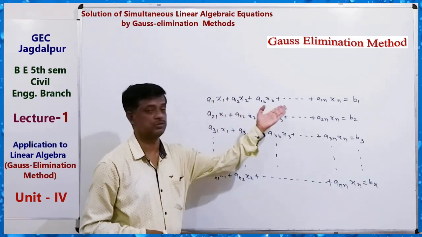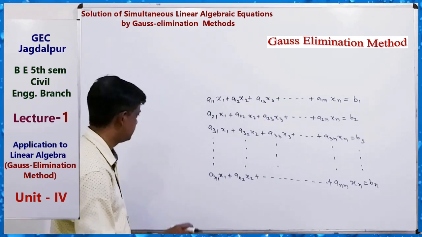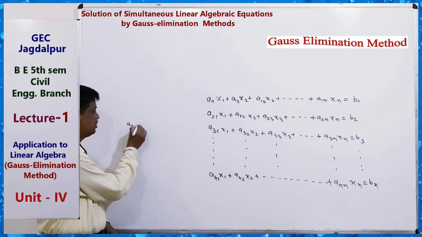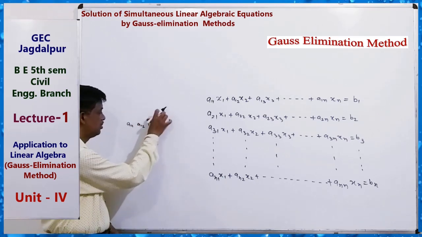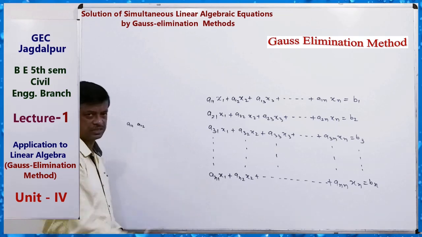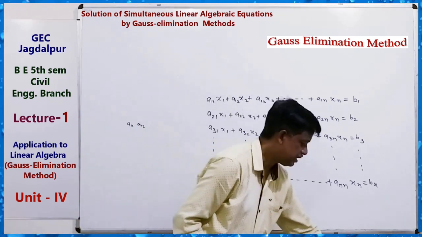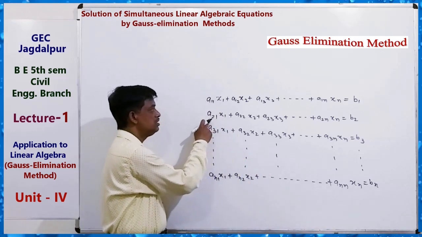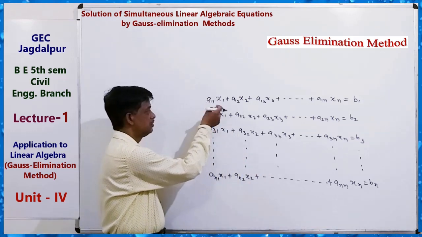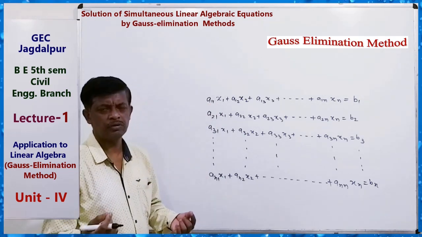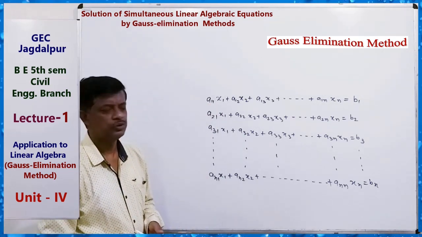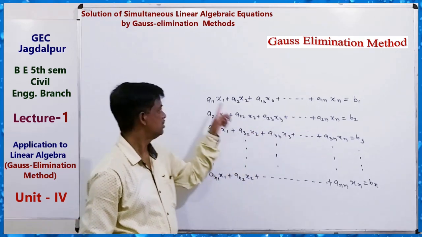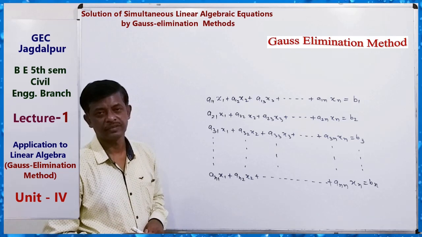This is the pivotal equation. In matrix notation we can write it as a11, a12 and so on. The main target is, first of all, to eliminate x1 from the second equation by using this one.